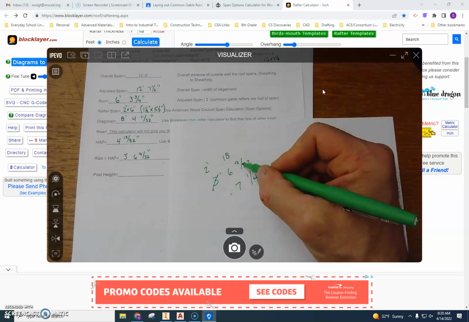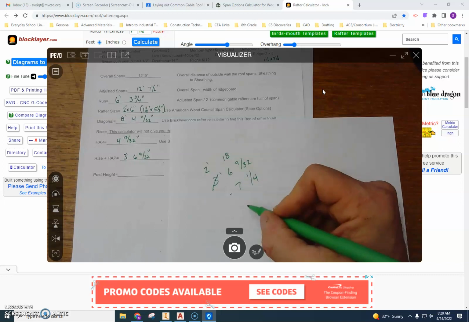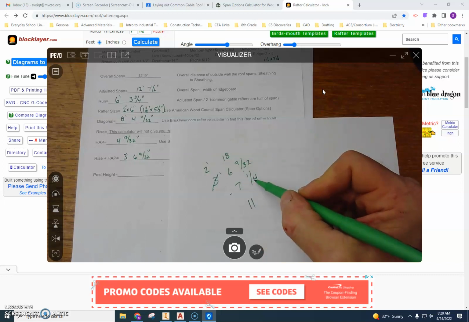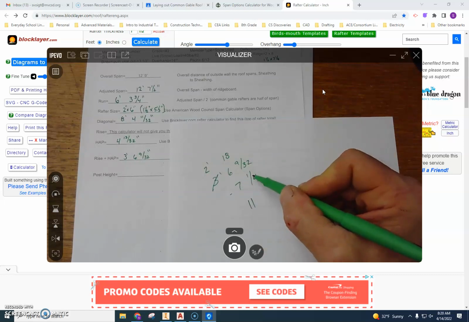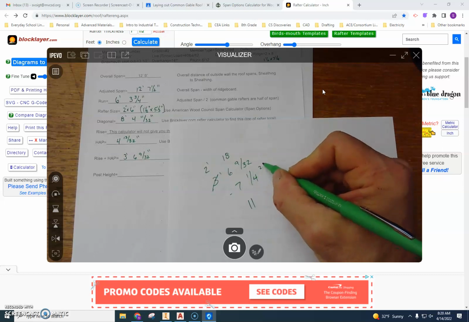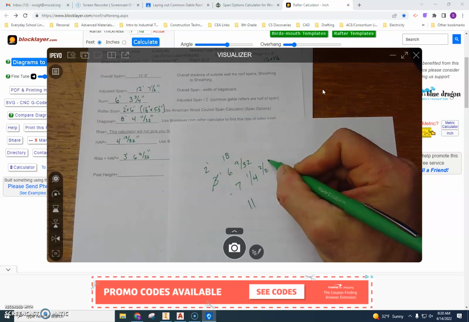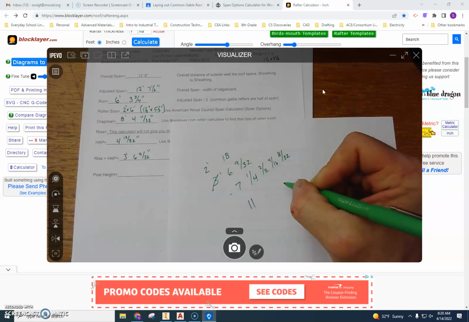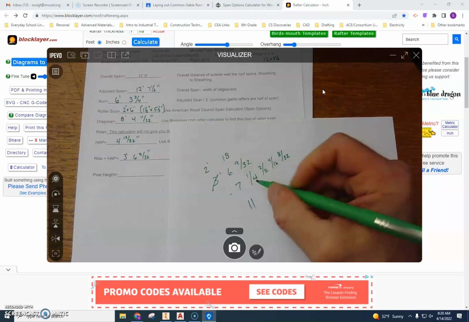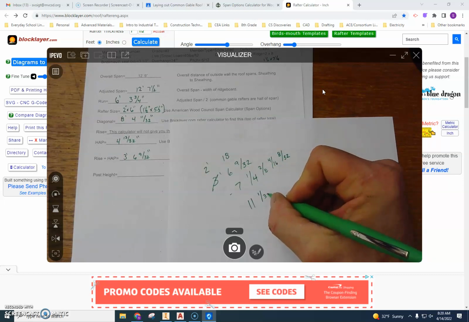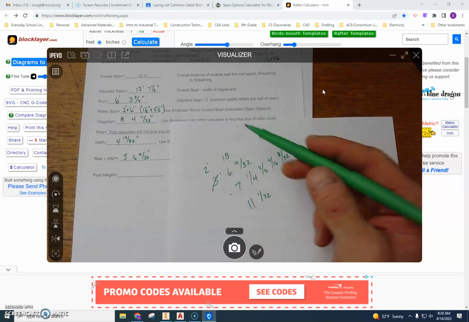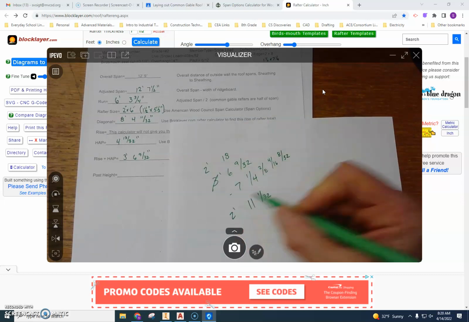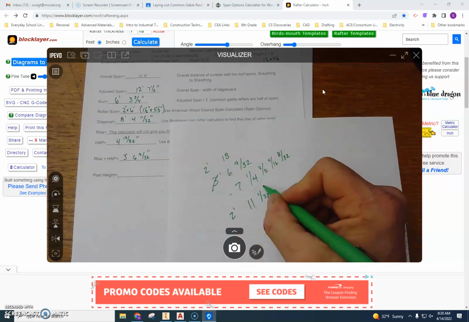And then I have 9/32, so 18 minus 7 is going to be 11. How many 32nds is a quarter? Well, 1/4 equals 2/8, which equals 4/16, which equals 8/32. These are all equal. So 9/32 minus 8/32 is 1/32. So if I do this math, I'm at 2 feet 11 and 1/32 inches.